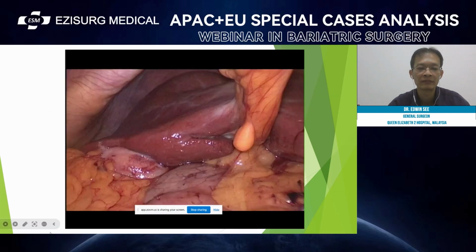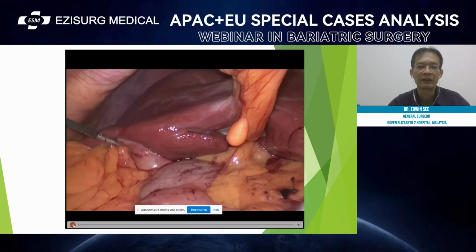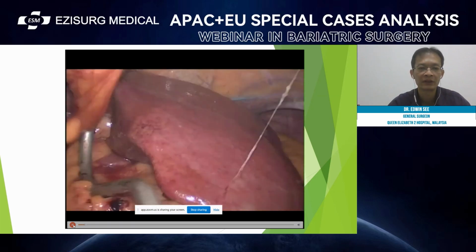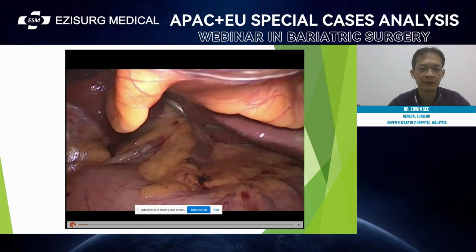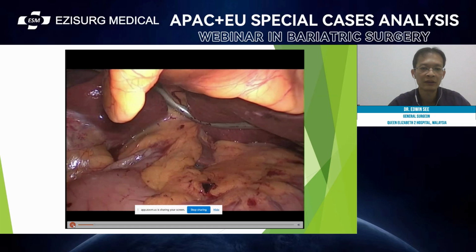Now this video is to show the way of using this conventional type cholecystectomy. At times, I may use the liver retractor to help partly retract the right lobe and the gallbladder.